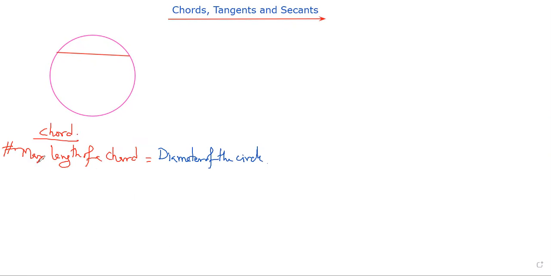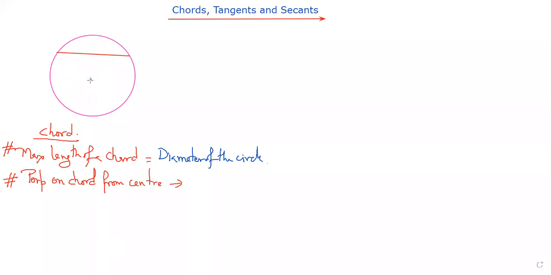Now, one another information is there. Whenever I am drawing a perpendicular from the center of the circle on the chord, this will lead to one interesting point.